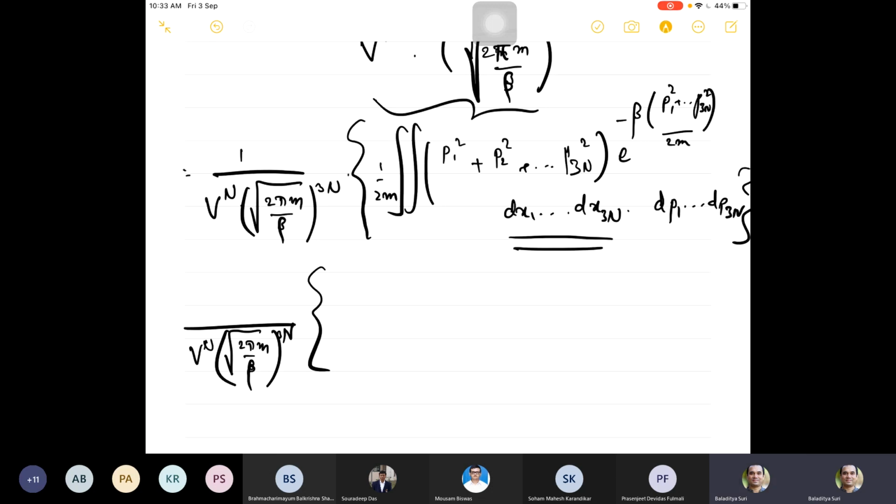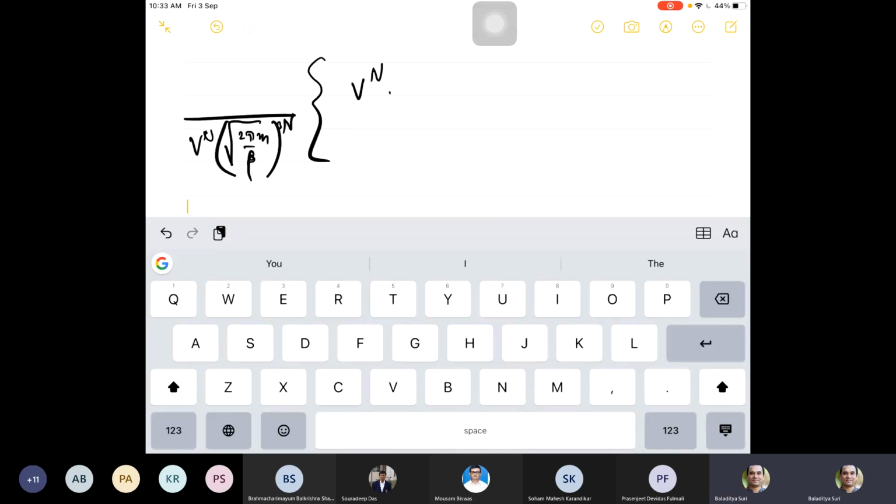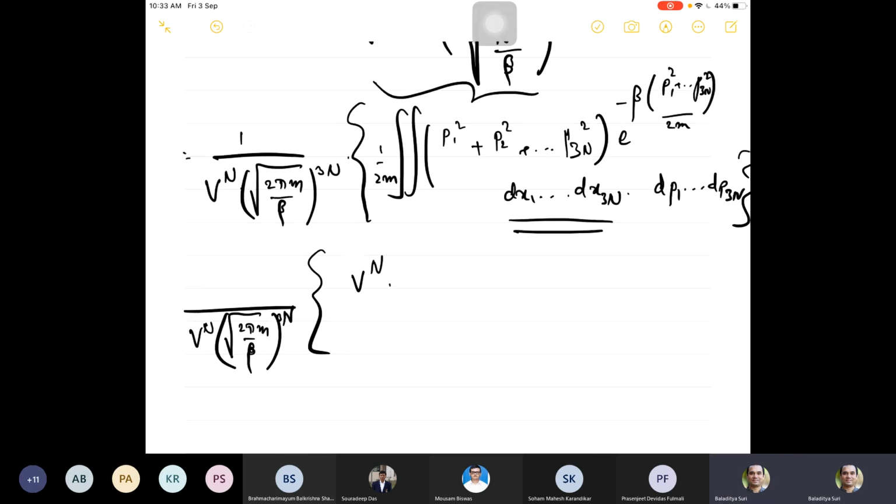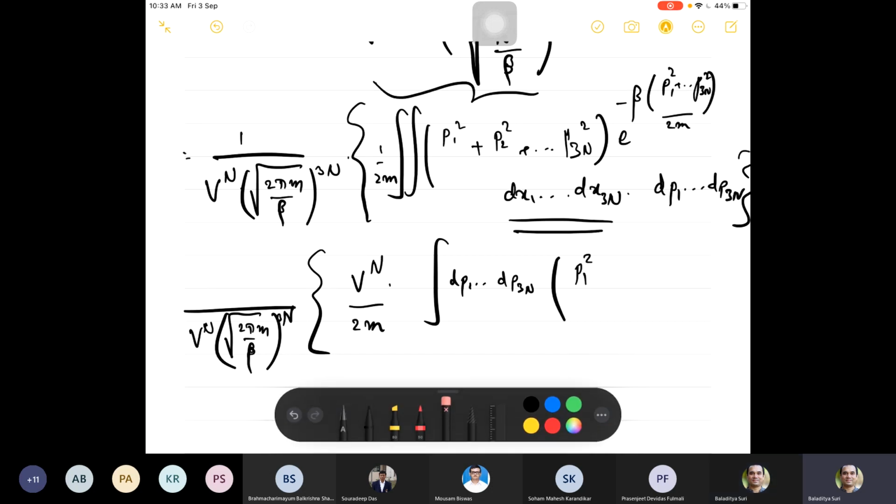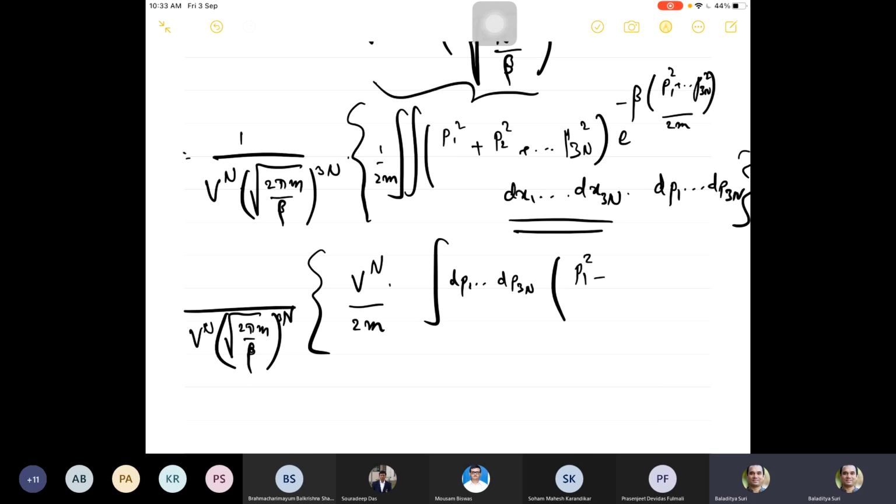since the energy doesn't depend on the coordinates, the coordinate part separates out, and we can write it as v power n, which comes out as a common factor. Now we only have an integral over the momenta: p1 squared plus p2 squared plus so on plus p3n squared times the probability.